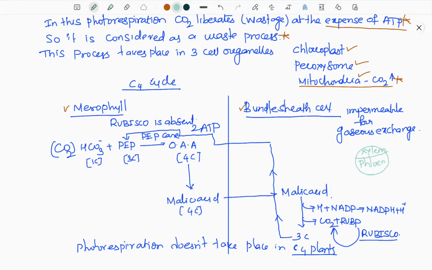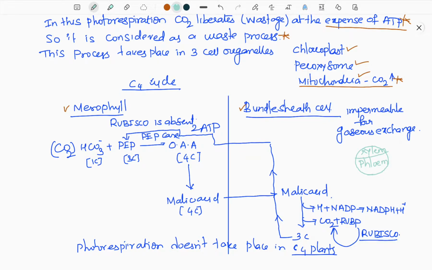Generally, xylem is always inwards, phloem is always outwards. You take any stem, dicot stem or monocot stem, xylem is inwards, phloem is outwards. But in case of leaf, it is reverse. That is, xylem is outwards, phloem is inwards. That's one thing you have to remember.